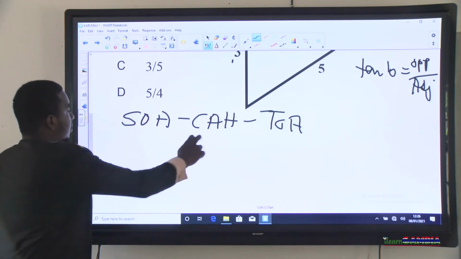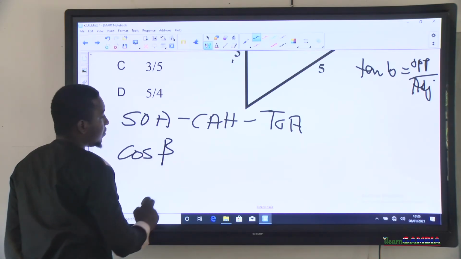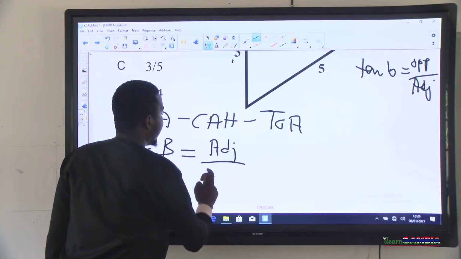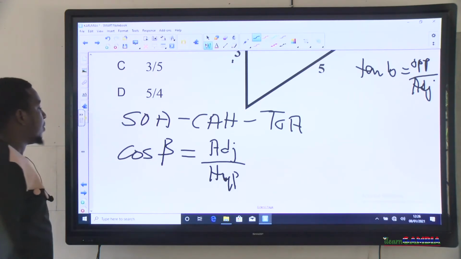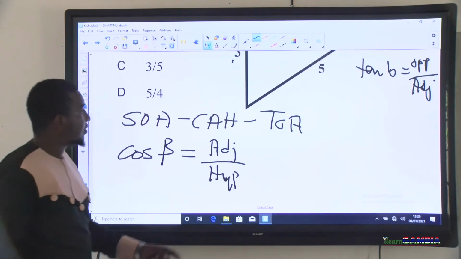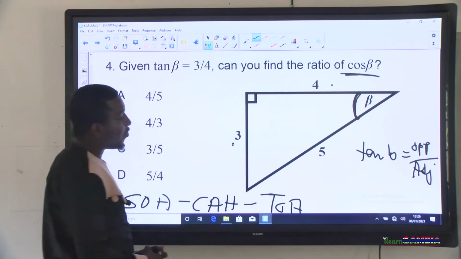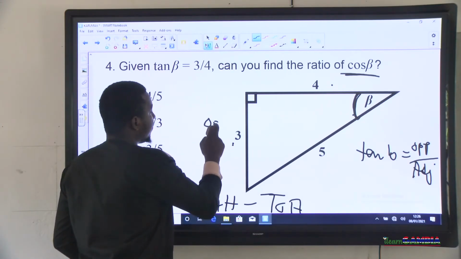So this is going to give us cos beta is equal to the adjacent divided by the hypotenuse. Again, the adjacent of what? The adjacent of angle beta. So 3 here is the opposite of the angle.